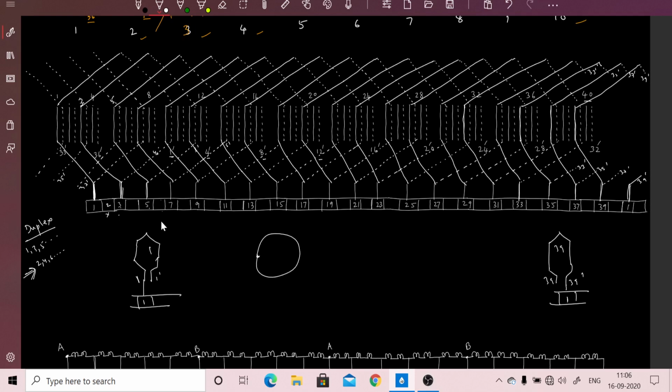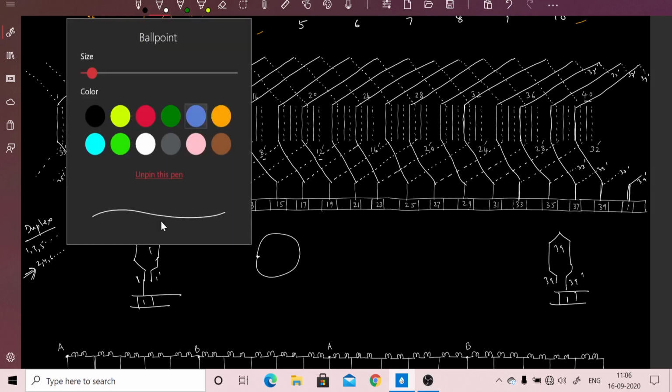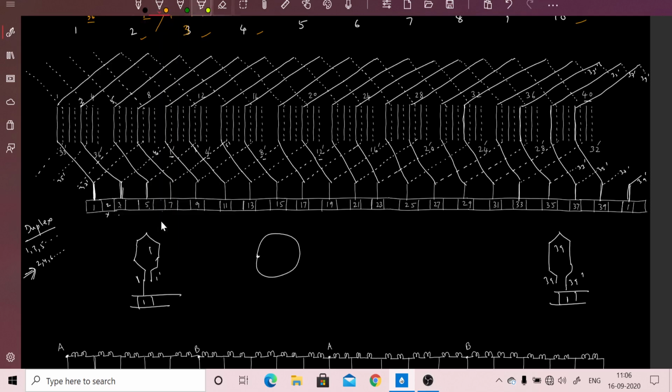Okay. Now let us draw the similar winding for the other winding. So now we will be starting at 2.